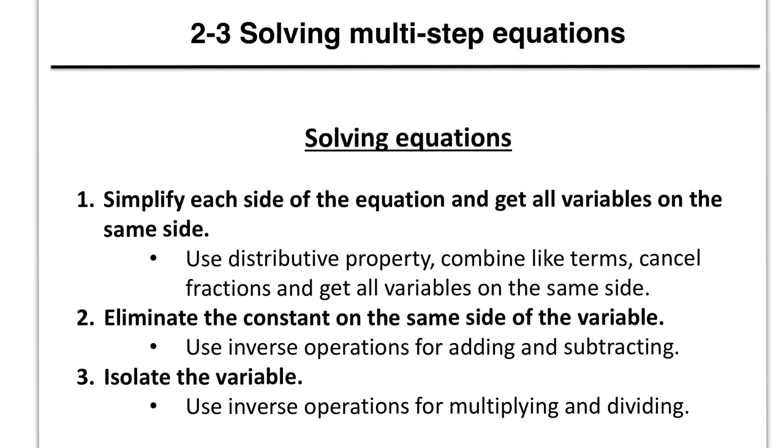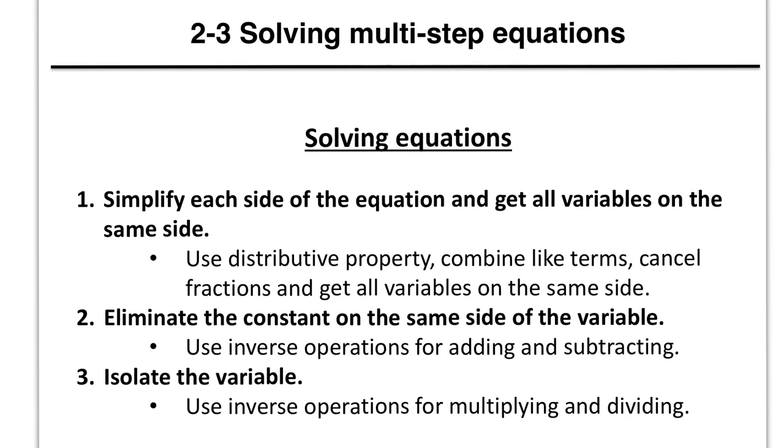After you do step number two, now you go to step number three. Step number three, you isolate the variable, which means you get the variable by itself. You want the x by itself, the y by itself, or whatever variable we have. So how do you do that? Well, you are going to use the inverse operations for multiplying and dividing. So to isolate the variable, you are going to divide or multiply.